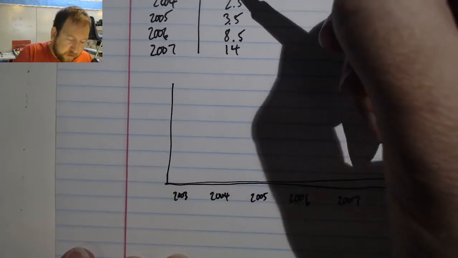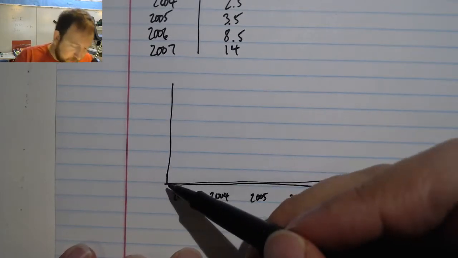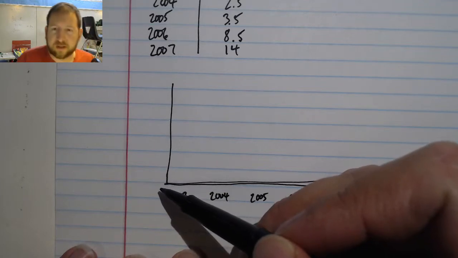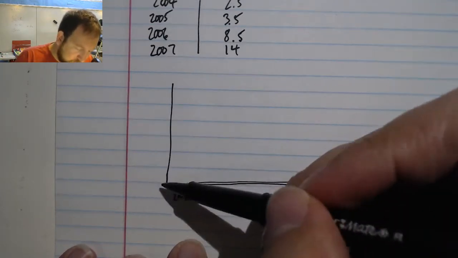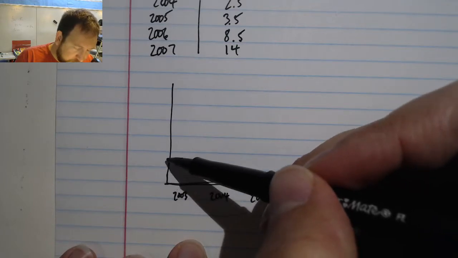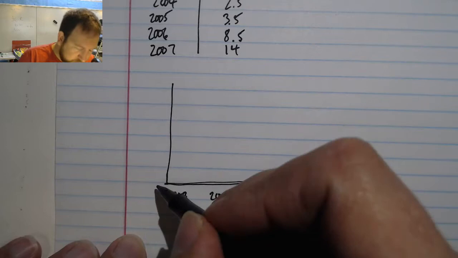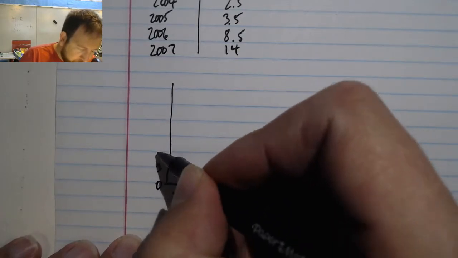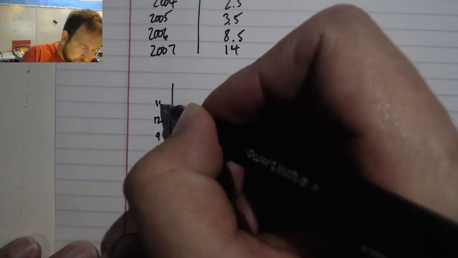I could probably start around 2 and I want to get to 14 or 15. I might start at 0 just because I kind of like starting at 0 and it's almost 2. All right, we could do threes: 0, 3, 6, 9, 12, 15.